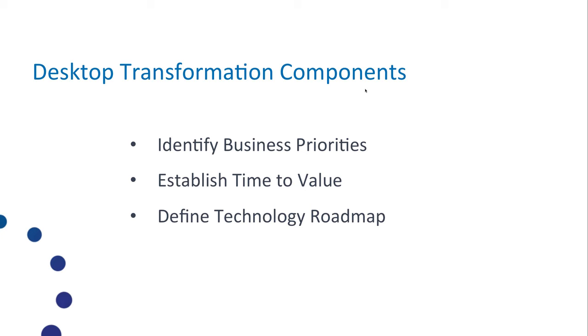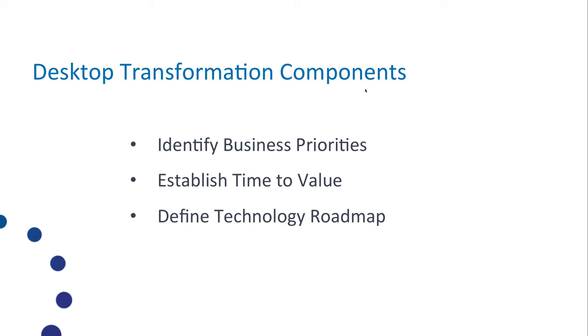Last but not least, defining a technology roadmap, right? One of the keys to success in any project, but absolutely inside of a desktop transformation project, is establishing a technology roadmap. You have to know where you're going in order to be able to get there, right?